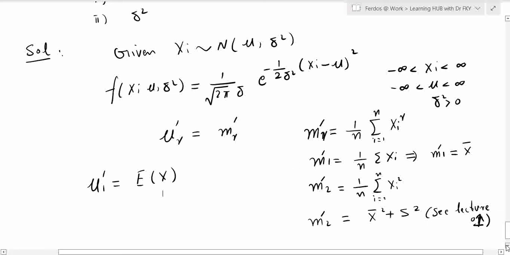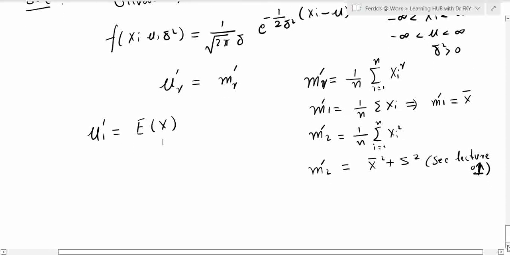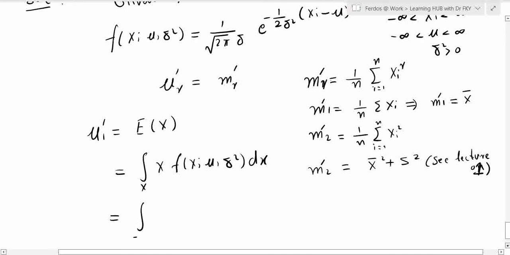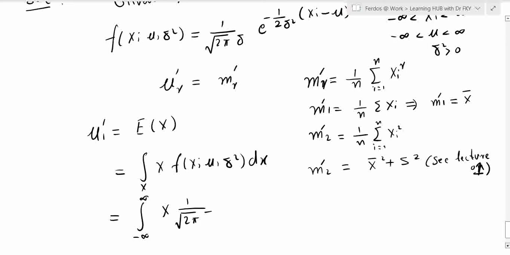This means that we need to calculate the expected value for the normal distribution, which is equal to the integral of x f of x, mu, sigma square dx, which is further equal to the integral, with the range of x from minus infinity to infinity, of x times 1 divided by root 2 pi sigma, e power minus 1 divided by 2 sigma square into x minus mu whole square dx.